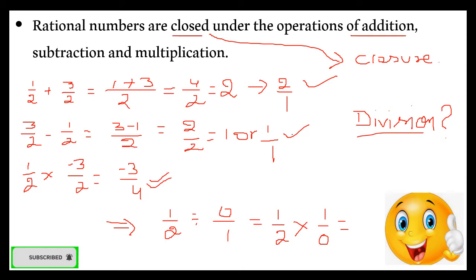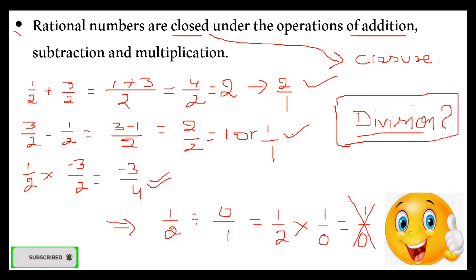In this case you get 1 upon 0, and this is not fulfilling the definition of a rational number because we have the denominator as 0. So we cannot say rational numbers are closed under division.